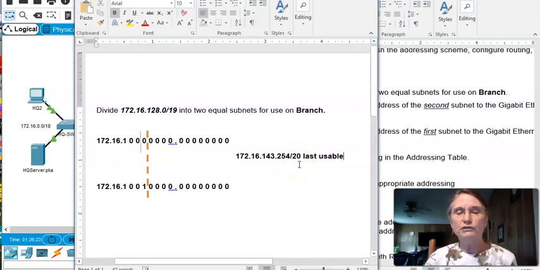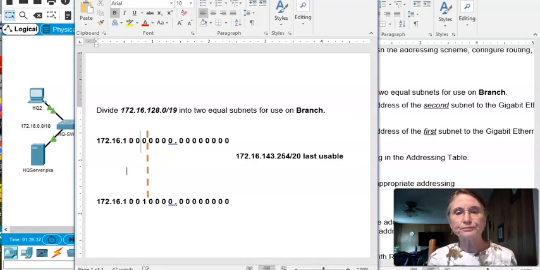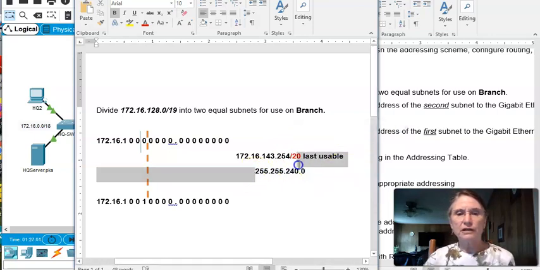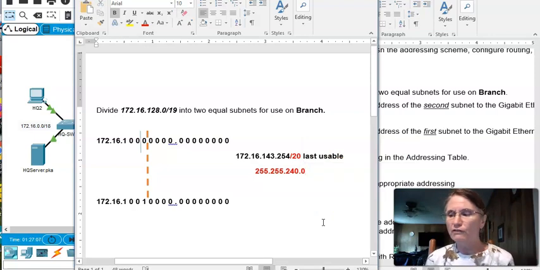You can use various means, either a web search or work it out for yourself, to figure out the dotted decimal format for a /20 as far as the net mask, and a /20 is equal to 255.255.240.0 for the net mask. Okay.